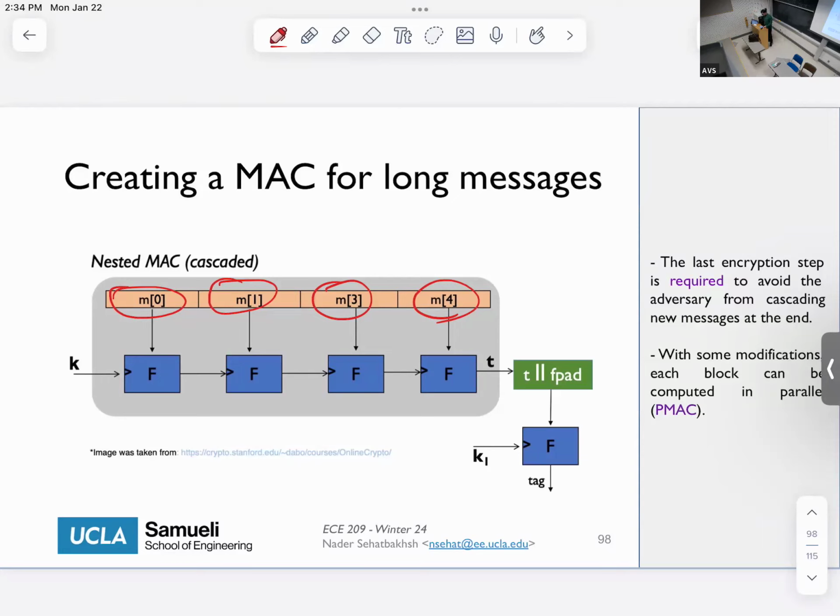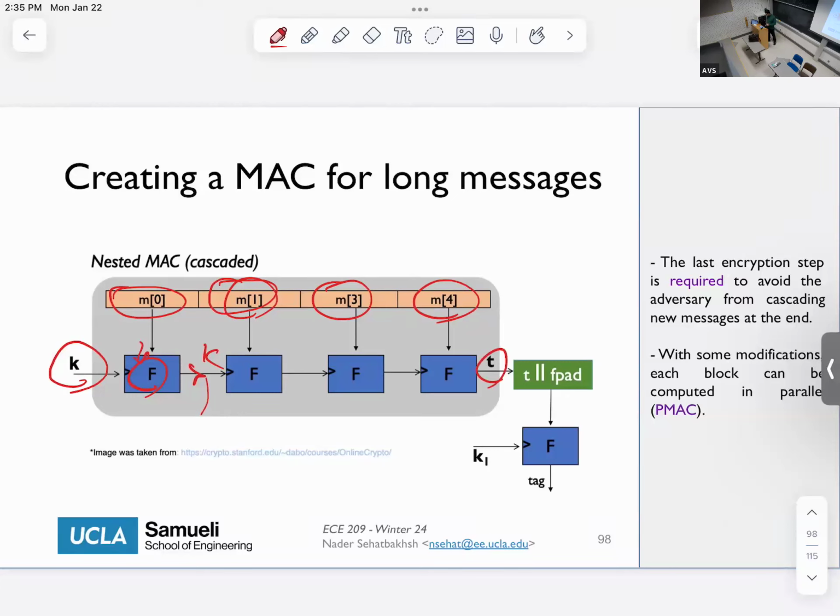I start with the key and the first block of the message, M, and send this to my PRF function. I'm going to get a result. Instead of sending this result directly out, I'm going to feed this into another PRF. This basically becomes the new key, and then this is a new message. And I keep repeating this until I get this T.